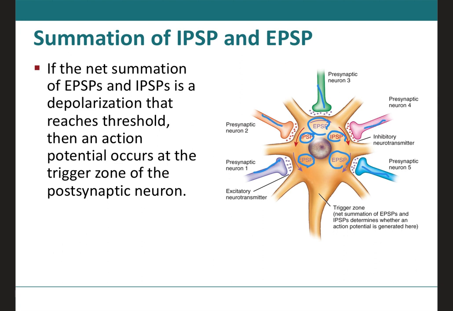Therefore, we have more excitatory than inhibitory, and it will probably cause an action potential at the trigger zone. In this case it will be an excitatory one, so it will travel down the axon. So it all depends on the net summation of the excitatory and the inhibitory depolarization to see if it will reach threshold or not to cause this action potential.